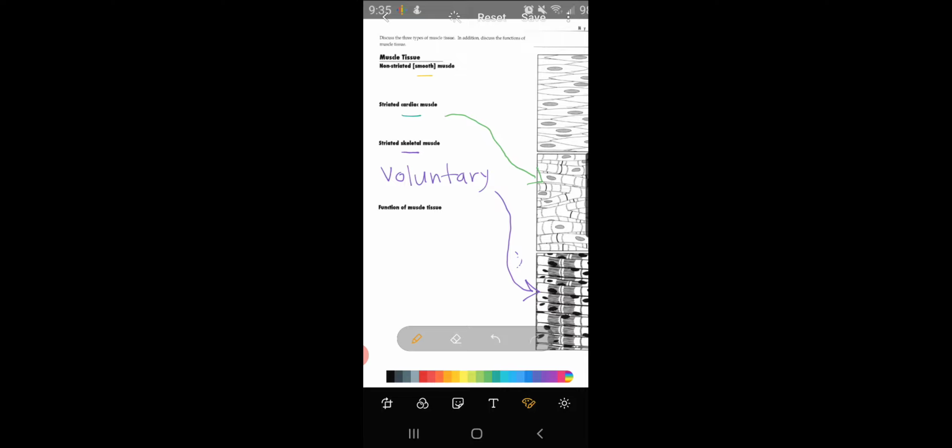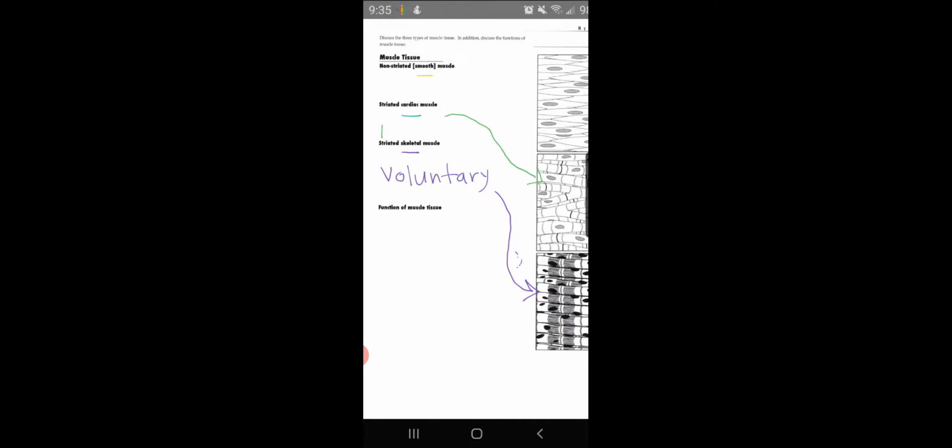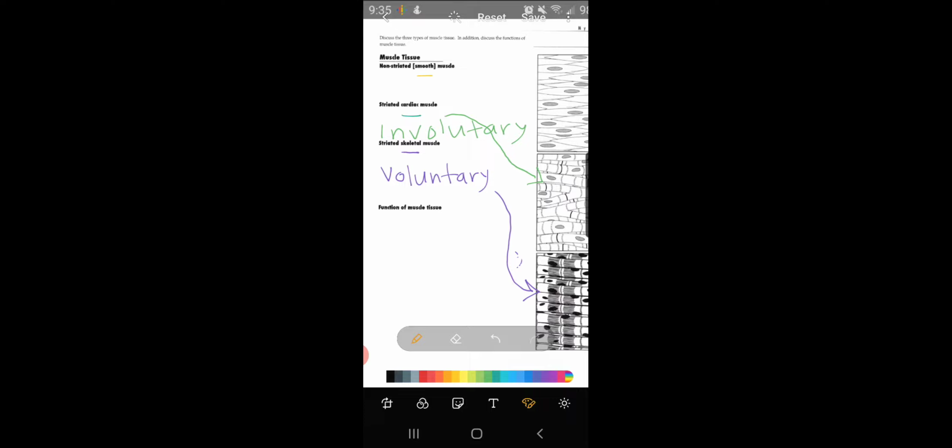So, cardiac, skeletal, we know where they're found. Skeletal is found on your skeleton. Cardiac is found in your heart. It's involuntary, so you can't choose when to move this. Involuntary. And obviously, cardiac means heart. So remember that. That's another thing to remember in cardiac.